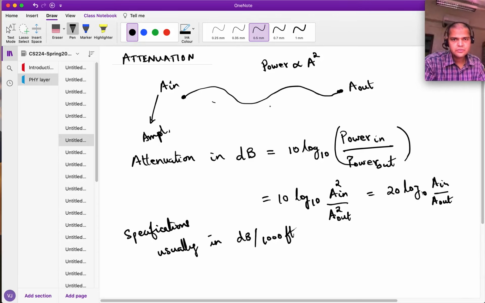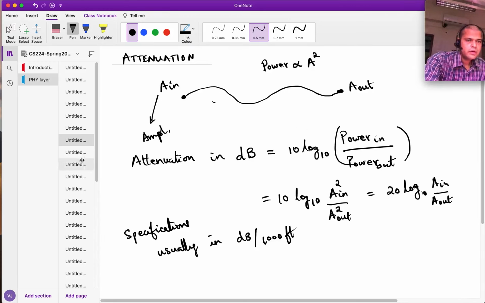If you take a 1000 feet wire, they will actually send in a particular signal and look at what the input and output amplitude and power are, and calculate this particular quantity, 20 log the ratio of amplitudes or 10 log the ratio of powers, right? And they'll give you that number and say this is the attenuation that you will typically face.